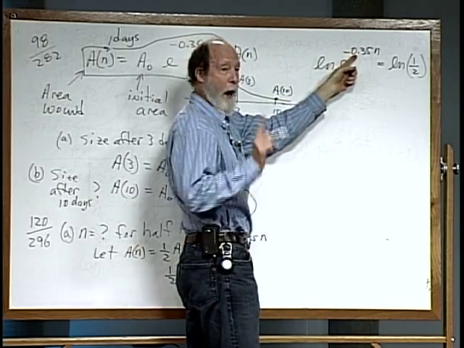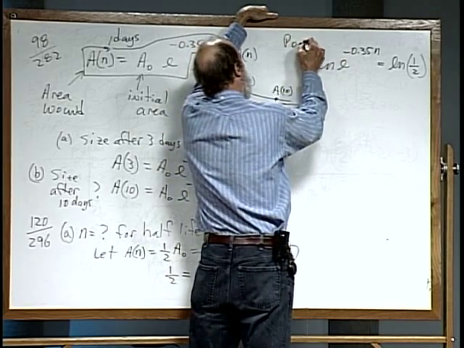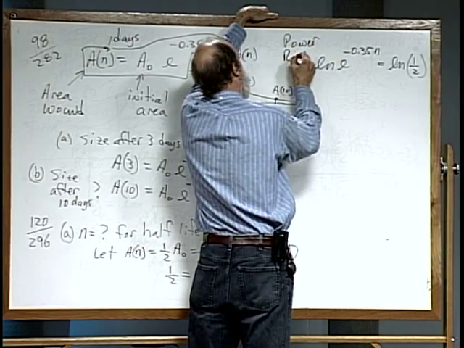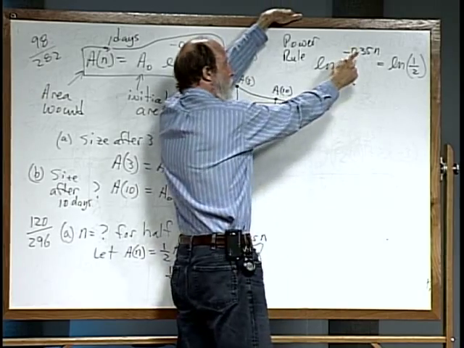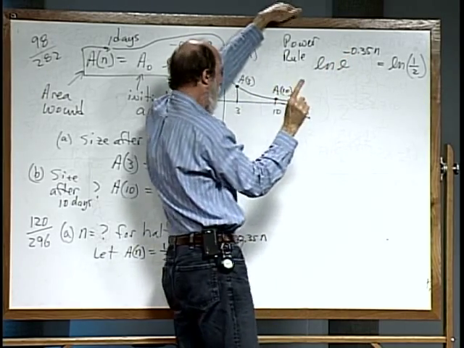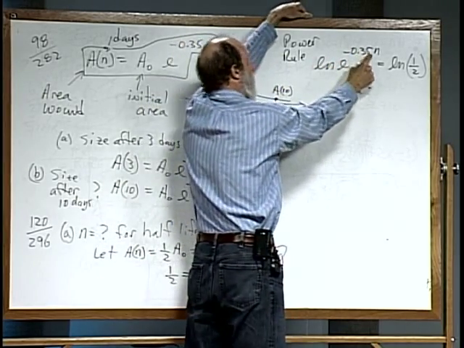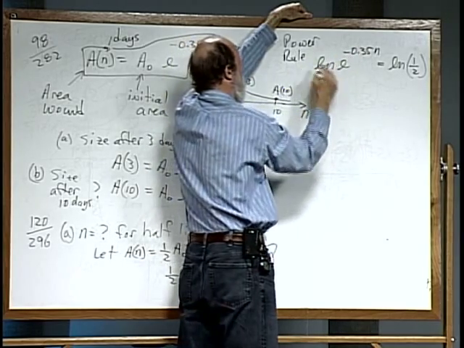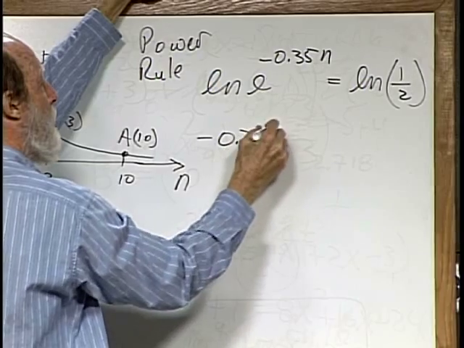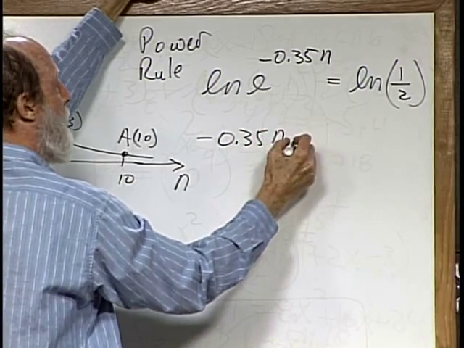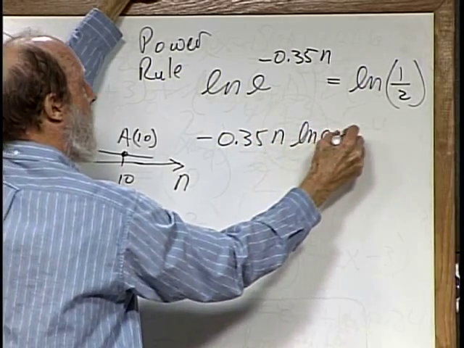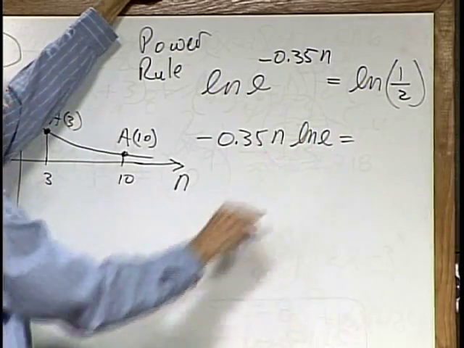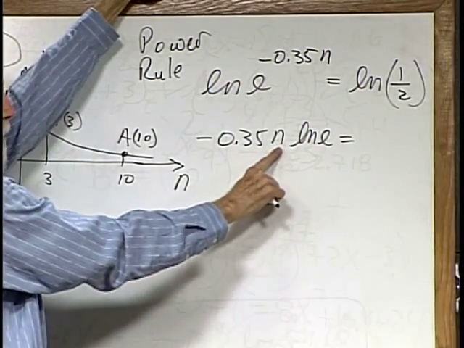That power rule, or power property, is really important because that's how you get an unknown exponent and make it solvable. It pops it out in front, becomes minus 0.35 n times the natural log of e is equal to the other side. We can now solve for n.